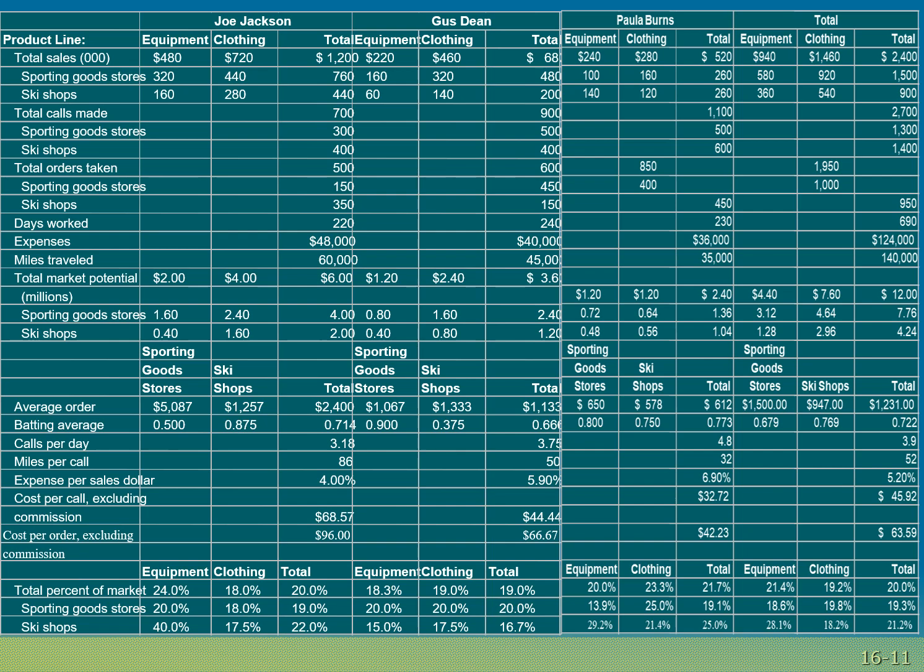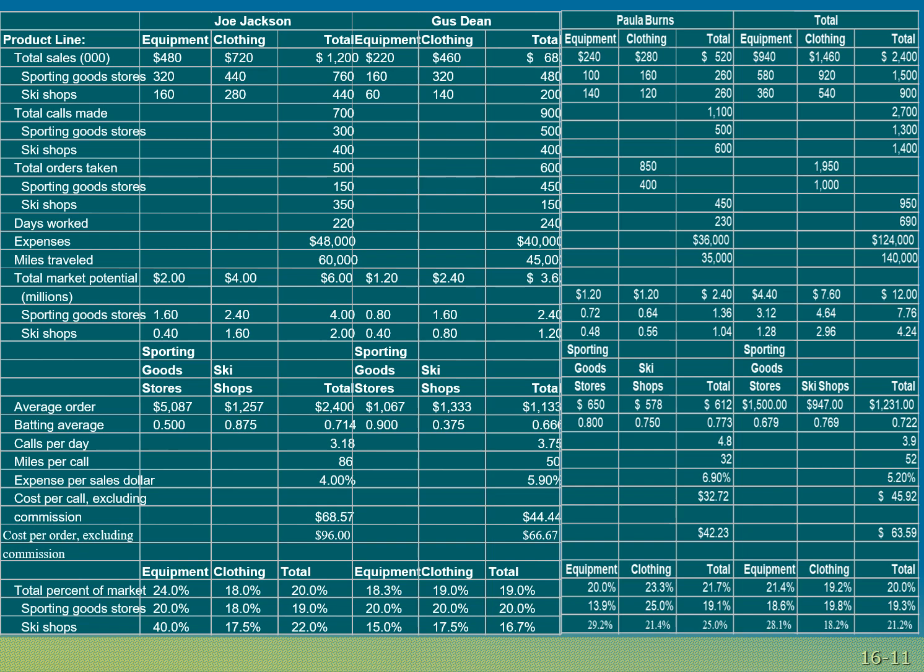Also look at average order size. You can see that Joe is getting big orders on equipment, way bigger than Gus, and almost 8 or 9 times bigger than Paula. On clothing, the average order is about the same for the two of them, but they both are higher than Paula.